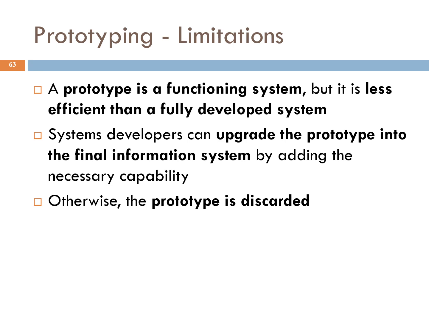System developers can upgrade the prototype into the final information system by adding necessary capability. Otherwise, the prototype is discarded. It's either you develop it to become a full system, or you discard the prototype and build another development for your system.